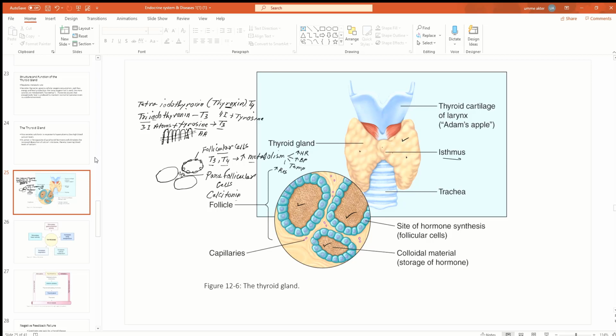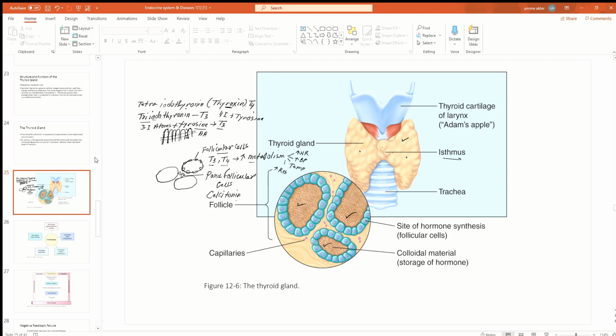You all know when metabolism increases, these changes occur. A simple example is when you do exercise, the metabolism in your body increases and you see the heart rate increases, blood pressure increases, body temperature increases, right? Sweating occurs, respiratory rate increases, and if metabolism is high for a long time, then the body weight will be lost.